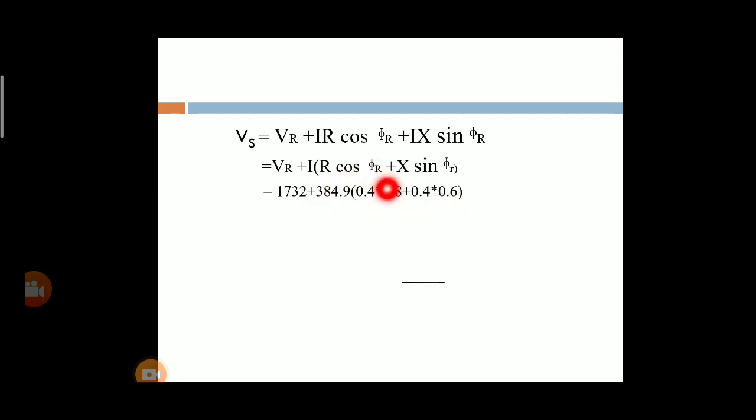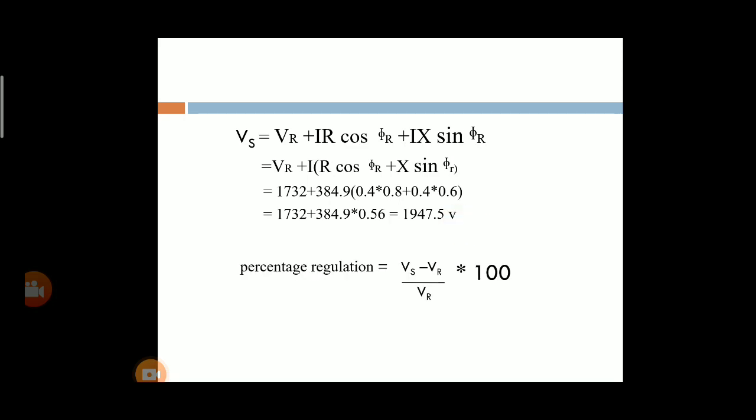When cos phi R is 0.8, sin phi R is 0.6. By simplifying this equation, we obtain 1947.5 volts. That is the sending end voltage.